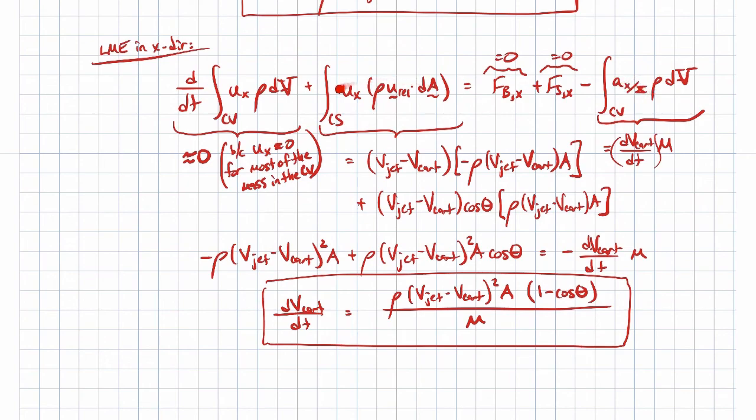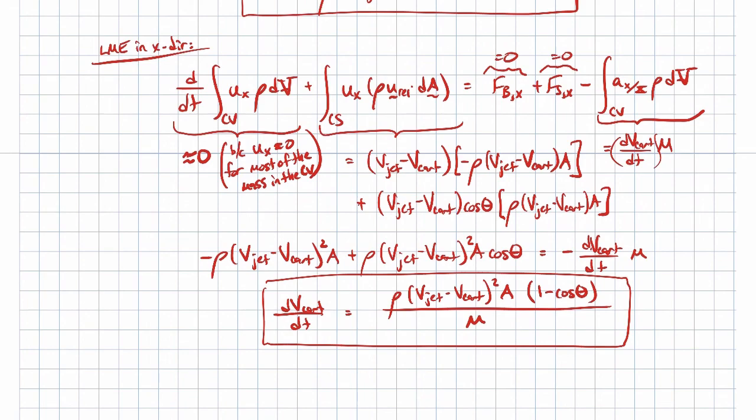This one we'd have to be careful of, just as we showed a little bit ago for part B. But this one would not be 0 if we used the capital XY coordinate system, because with a coordinate system fixed to the ground, the UX changes with time. The mass in the control volume stays constant, but the UX changes with time. So this term would look like a mass times dv cart dt. It would look exactly like this term here, but it would just be on the left-hand side of the equation.